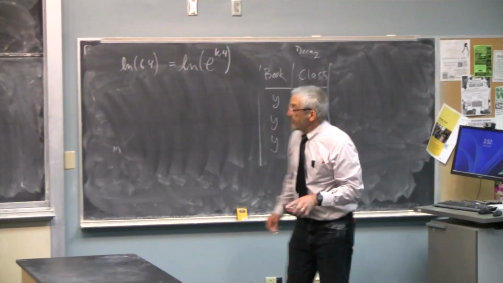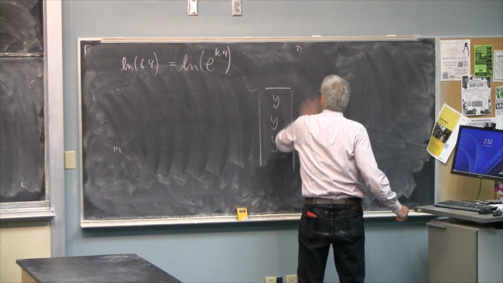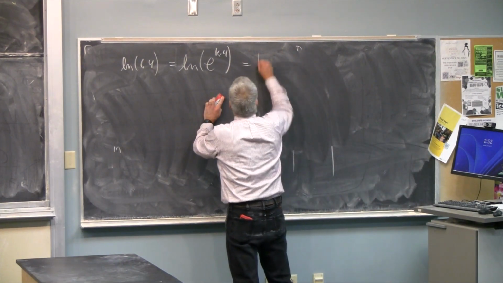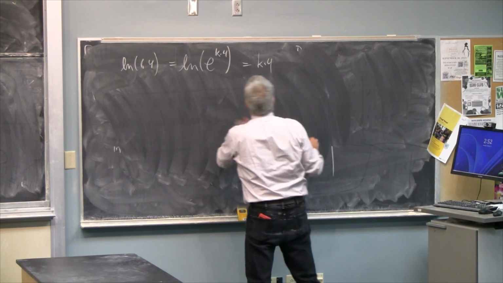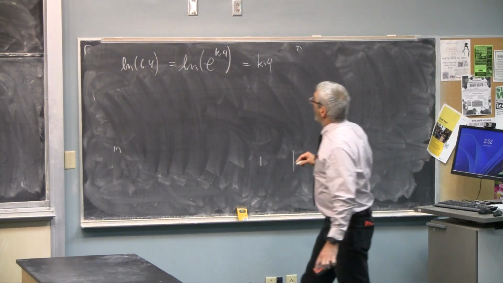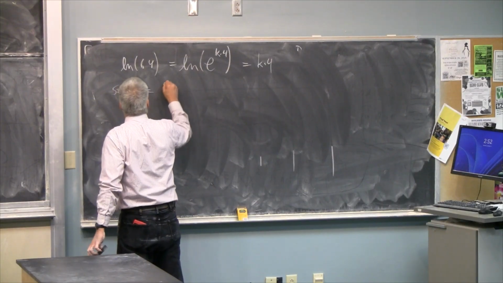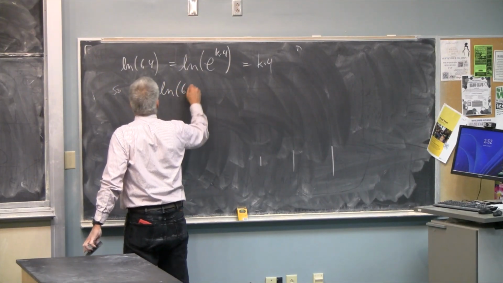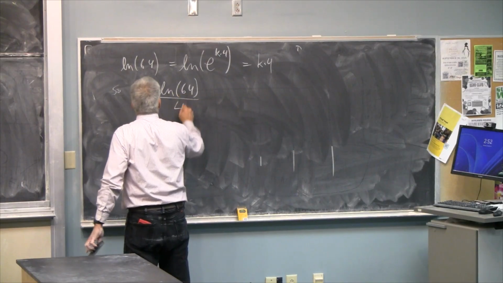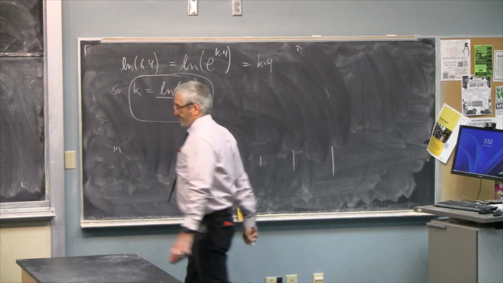Yeah. Exactly. So now I divide both sides by 4. And I get this. There's my value of k.